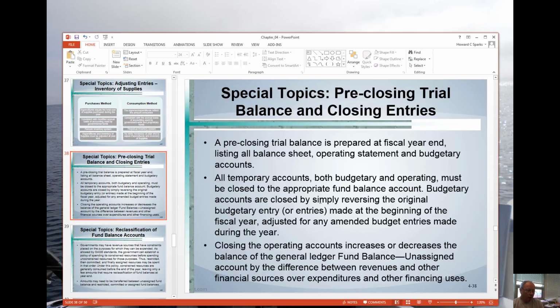And we're not going to talk about these things because really the trick here in deciding what gets closed is knowing the difference between the balance sheet accounts and the operating accounts. And we close all the operating accounts and the budget. So the budget is just the reversal of what was entered when we recorded the budget, and then the closing entries are going to be just whatever the balances are in the operating accounts to eliminate those.